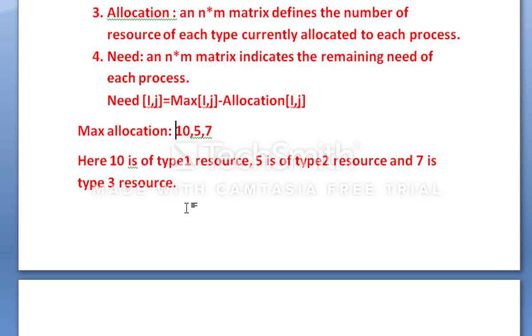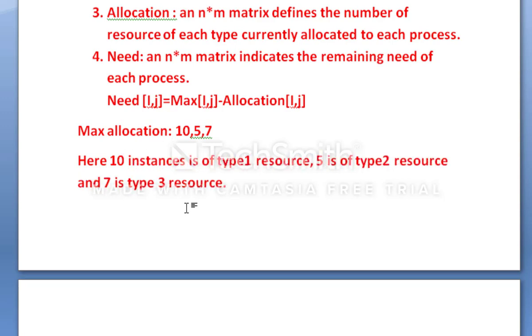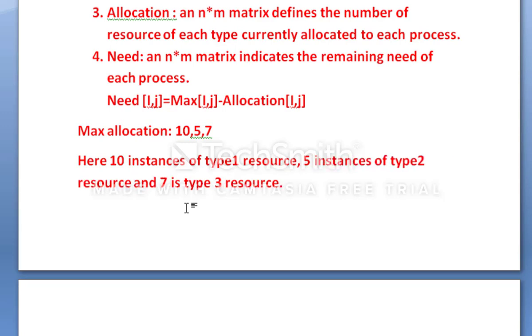So we have 10 instances of type 1 resource, 5 instances of type 2 resource, and 7 instances of type 3 resource, right? We can define the types like A, B, C: 10 resources of type A, 5 resources of type B, and 7 resources of type C.